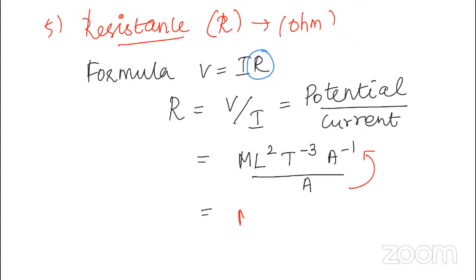That is M L square T power minus 3 into A power minus 2. So this is the dimensional formula for resistance.